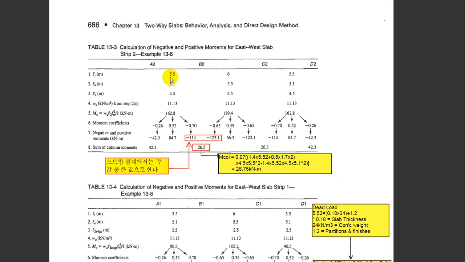As you see, there are different span lengths. But for design purpose, we follow the biggest moment. It's what we saw from last lecture, right? So those who are not familiar with the last lecture, you should go back and study before you listen and understand this video lecture today.